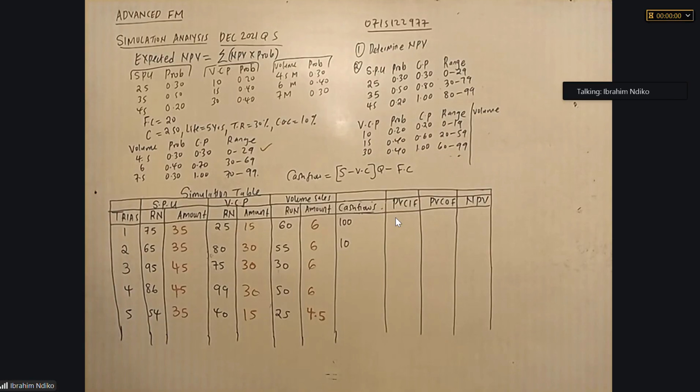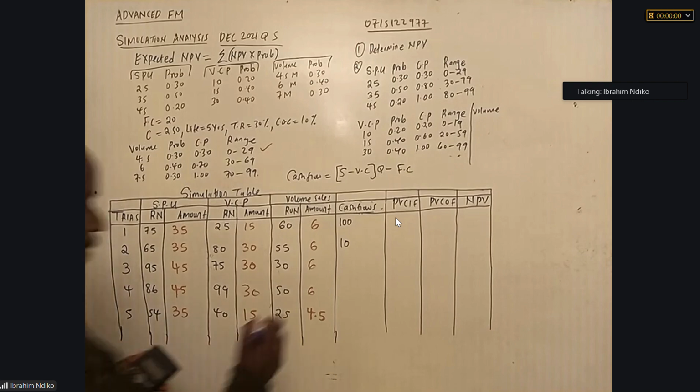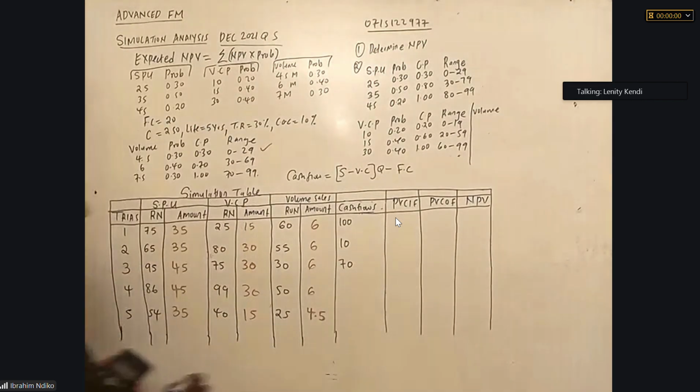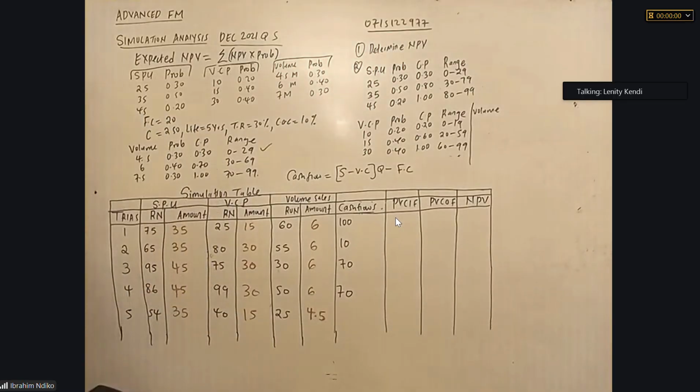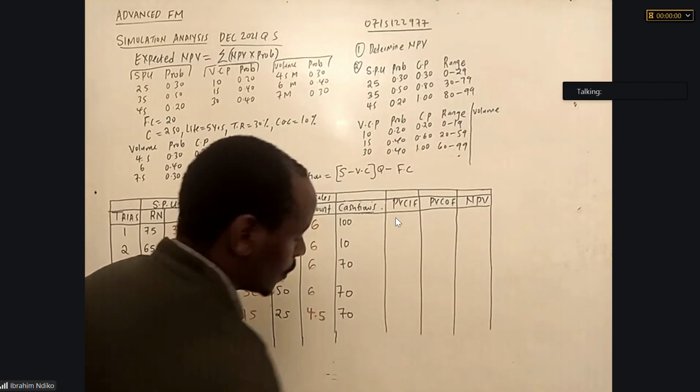Then 45 minus 30 times 6, itakuwa 70. Then 45 minus 30 times 6, itakuwa the same way. 35 minus 15 times 20, napata 70.